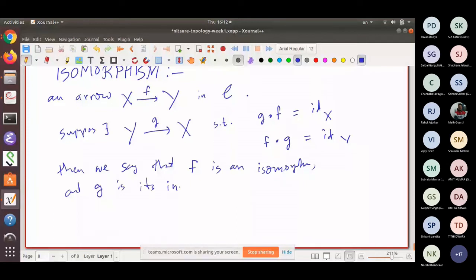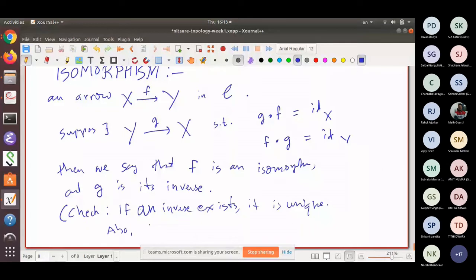Check that if there are two inverses, if an inverse exists, it is unique. Also check this G is an isomorphism with inverse F. So you write that F inverse is G and G inverse is F.